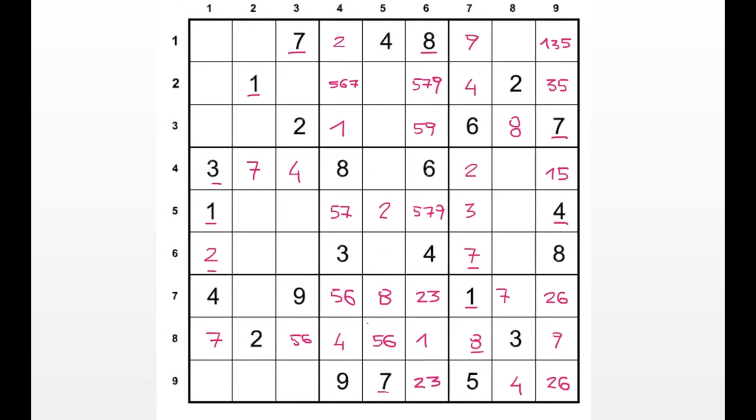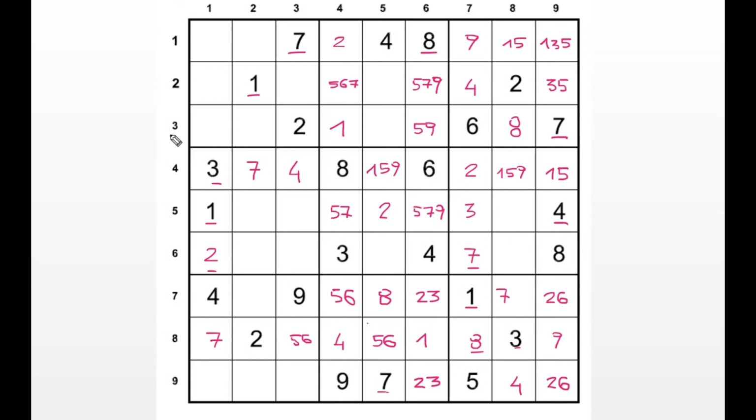In the row number 4 there are 3 remaining numbers, 1, 5 and 9, and here will be also 1, 5 and 9. The remaining numbers are 1 and 5 because there is a number 3 here, 1 and 5.